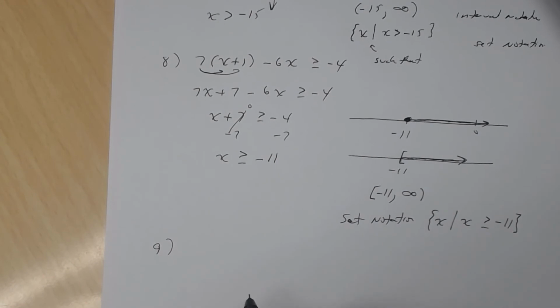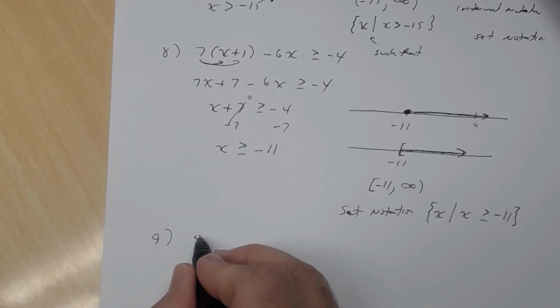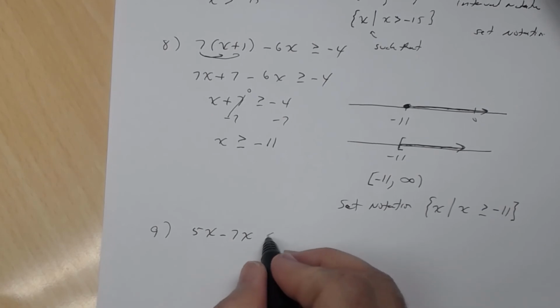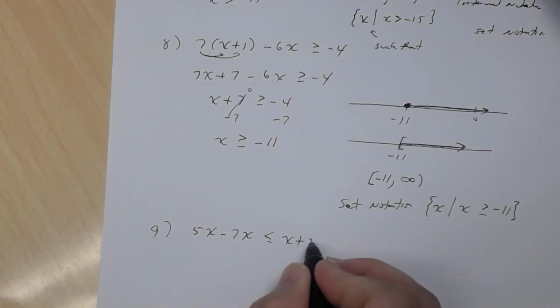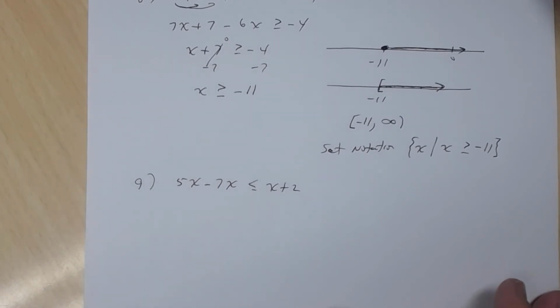Okay, number 9. Suppose we had 5x minus 7x is less than or equal to x plus 2. Combine like terms first. 5x minus 7x is negative 2x, which is less than or equal to x plus 2.